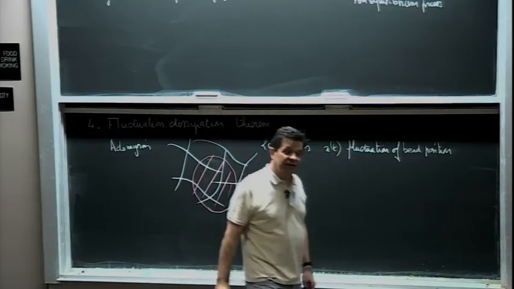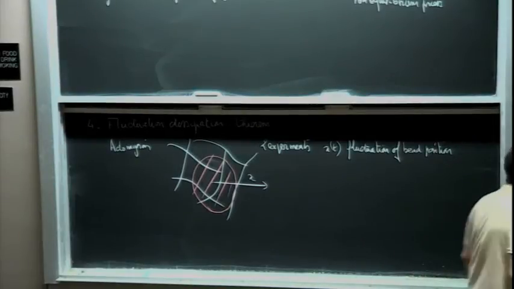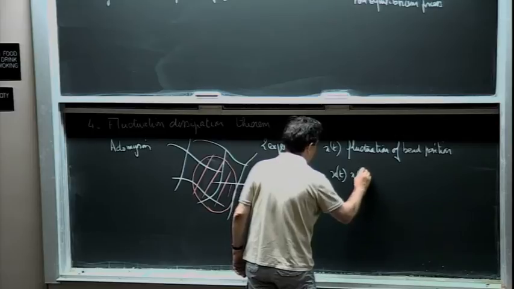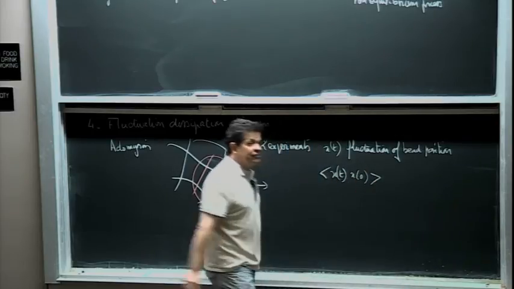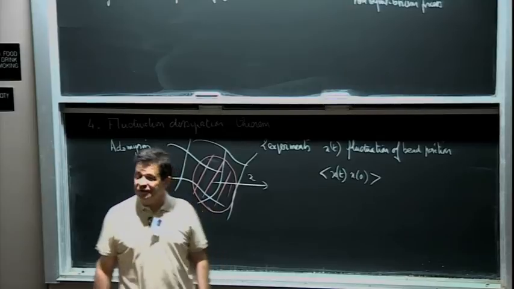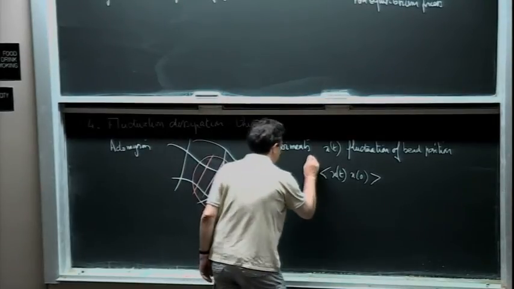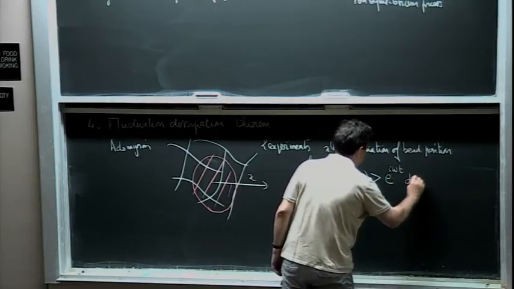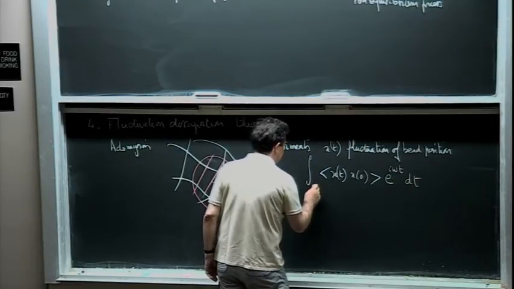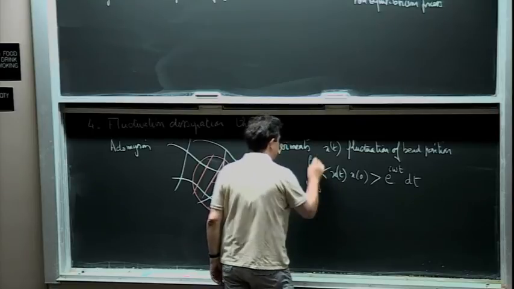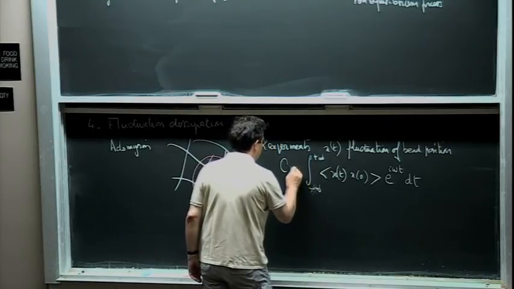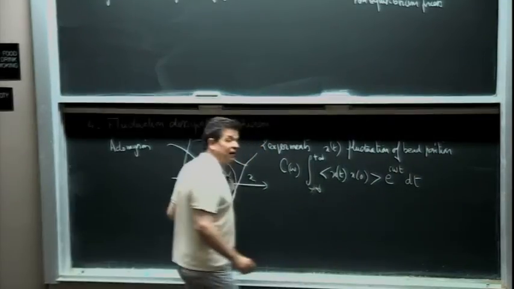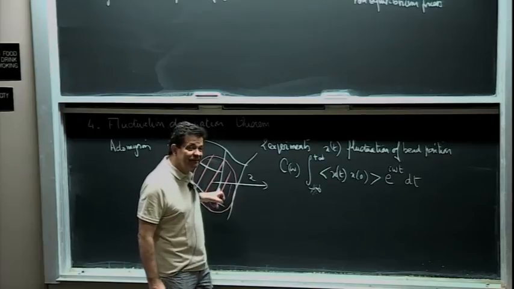Now what you do is you calculate the correlation function, x of t times x of 0. You average that, and you calculate the power spectrum, which means you calculate the Fourier transform of that: the integral of e to the i omega t dt from minus infinity to plus infinity. That's what I call the power spectrum. So that tells you how the bead fluctuates inside this actomyosin gel.